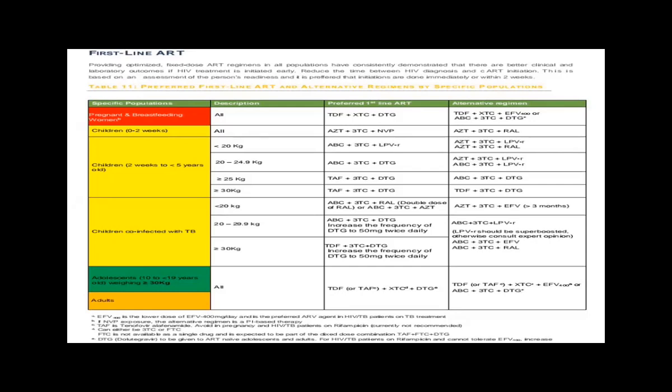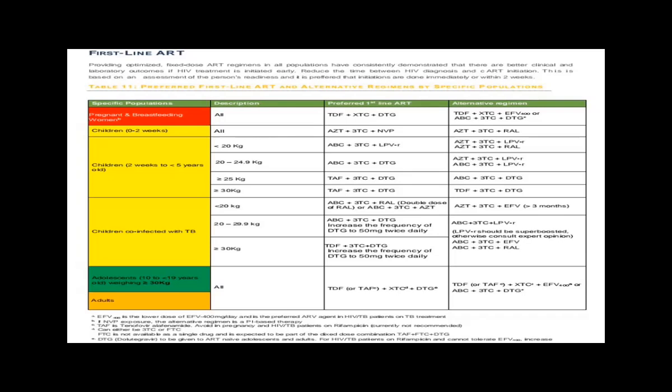Our first group is the pregnant and breastfeeding women. All of them can be given tenofovir plus lamivudine plus dolutegravir as the first preferred line of treatment.